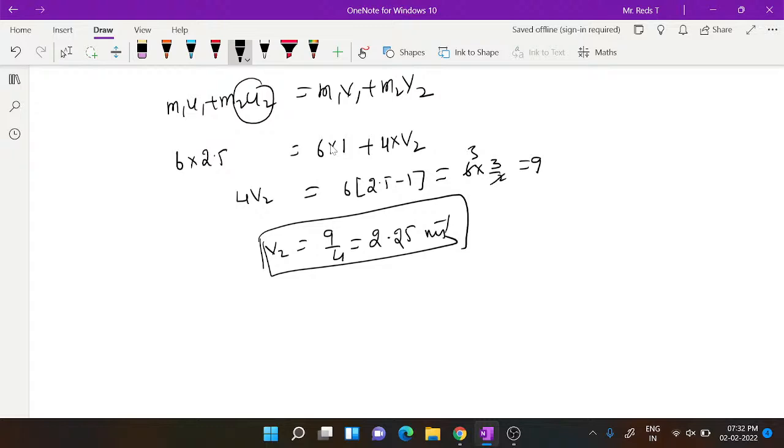So M1 is M, M2 is atomic mass A into M. So 1 minus A by 1 plus A into U1, right? U1 is not mentioned here, so directly you will get this.